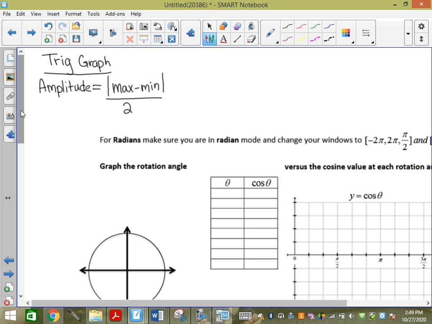That's one formula I can use, right? Or I could just calculate half the distance from the min to the max. Or I could calculate half the vertical distance from min to max.